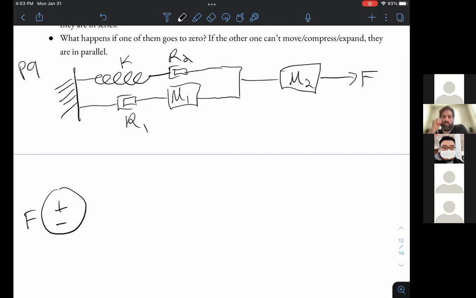No, it'll be the same as if M2 became a wall and you're just tugging on a wall, so nothing happens. So is M2 in series or in parallel with the rest of those things? It'd be in series. Yeah, absolutely.